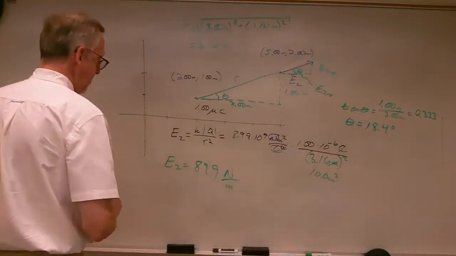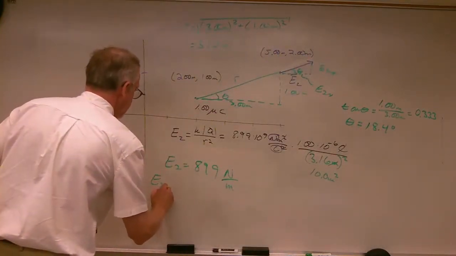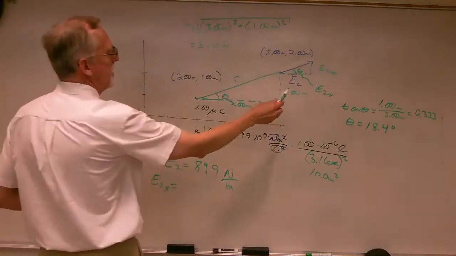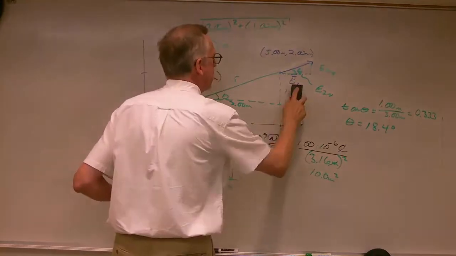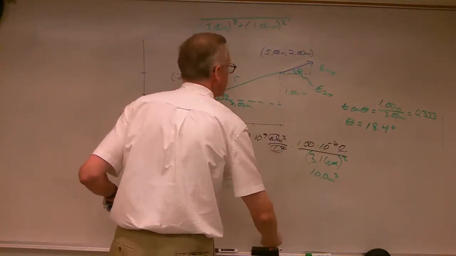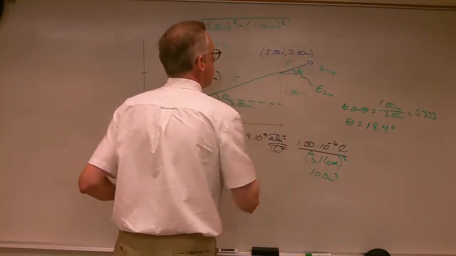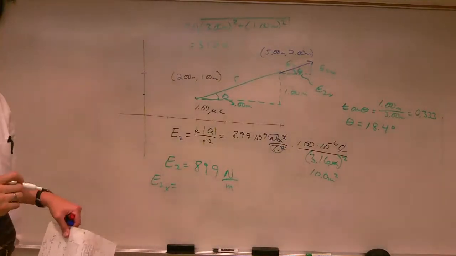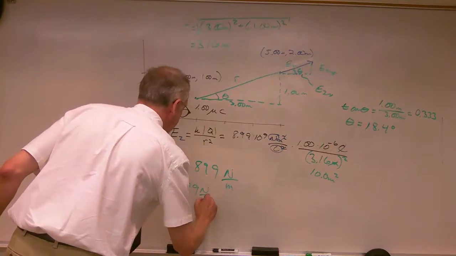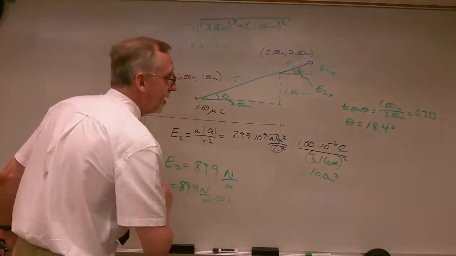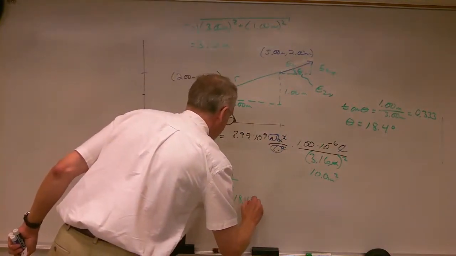And so what do we have? E2x will be E2, let's rewrite E2 up on the top here, on the hypotenuse, E2x will be E2 cos theta, or 899 newtons per coulomb cosine 18.4 degrees.